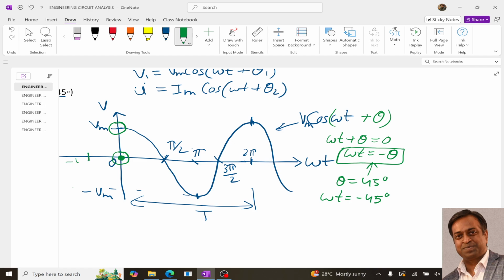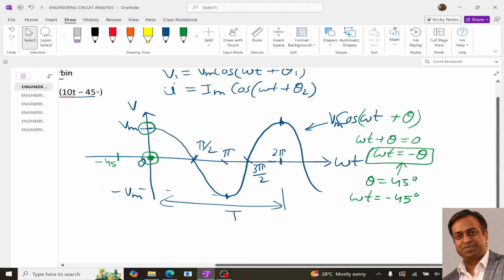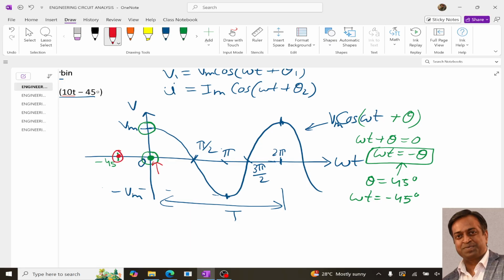So if this angle is 45, then the maximum will be achieved over here, and our waveform will be something like this. Okay, so it will be a proper cosine waveform.